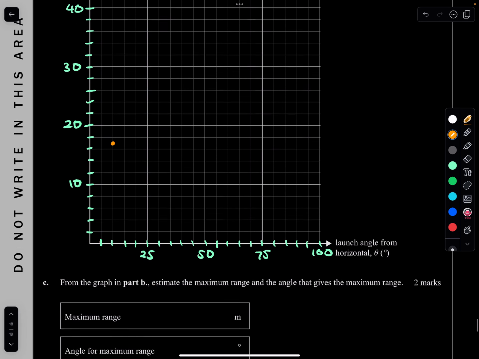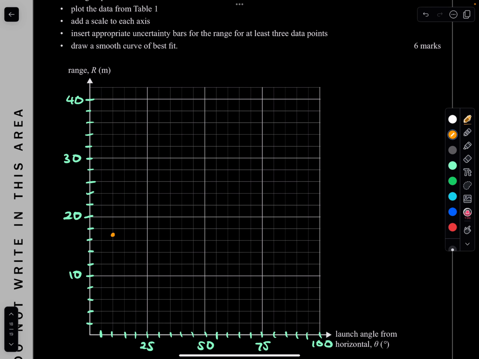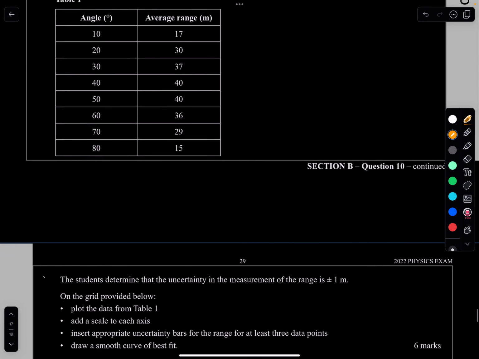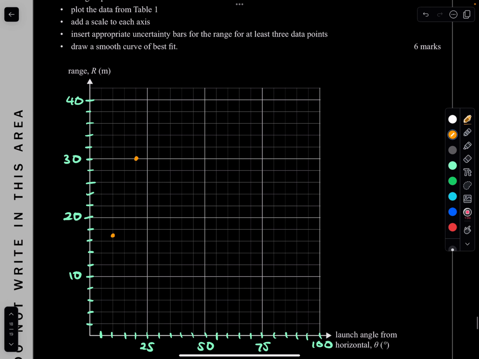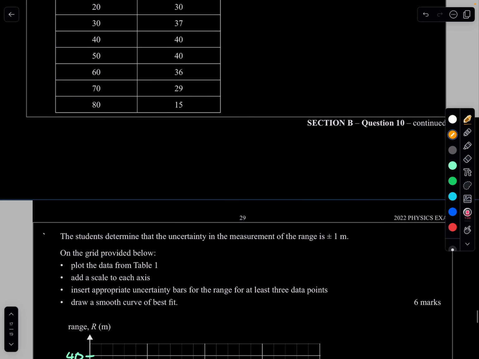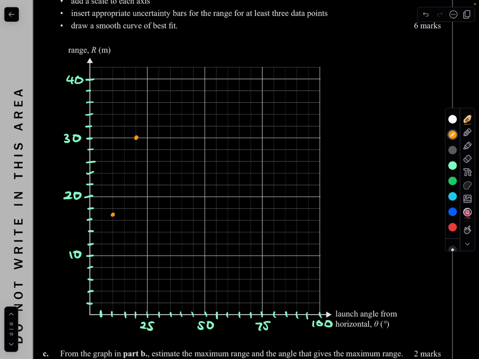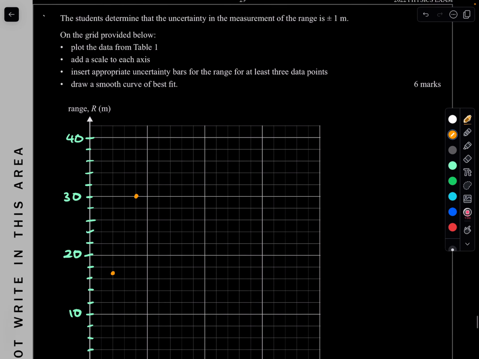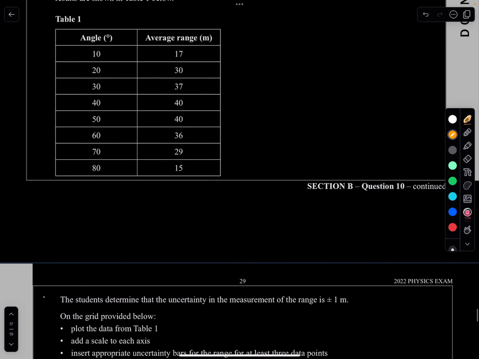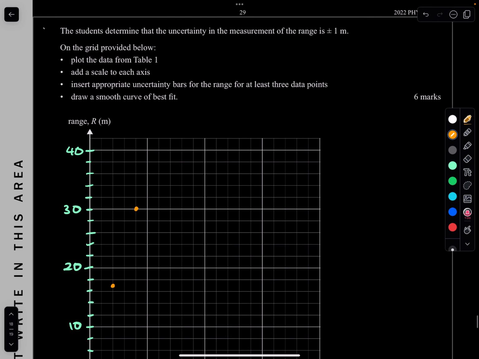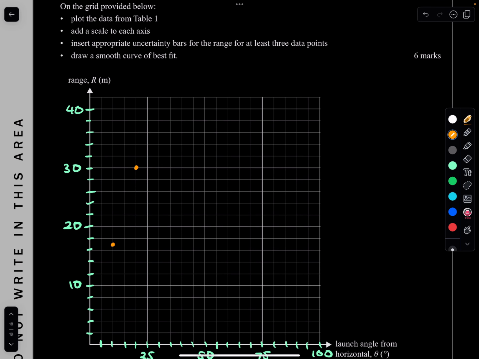Angle 20, range 30. Then angle 30, range 37, so 2, 4, 6, right over here.